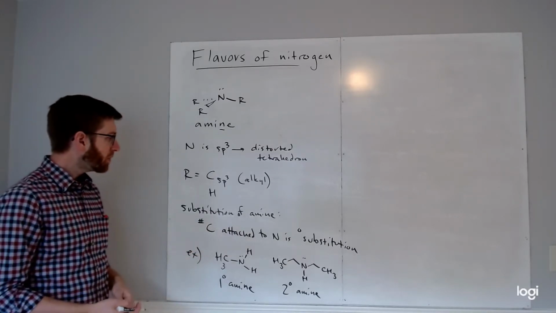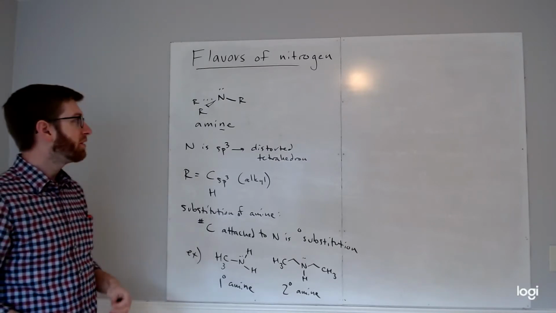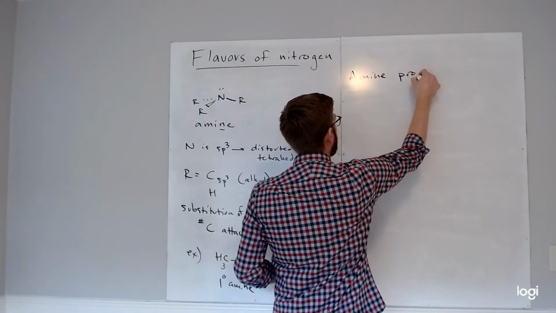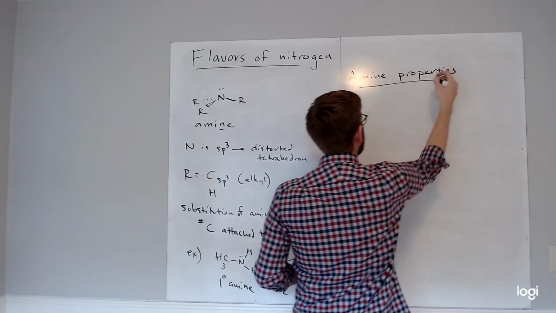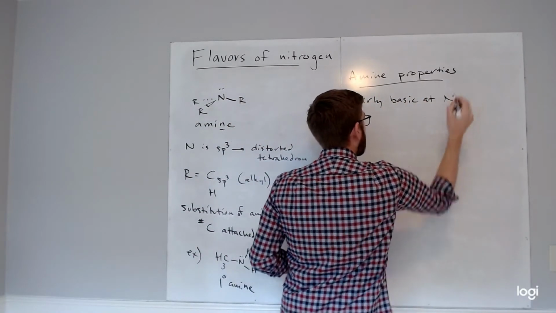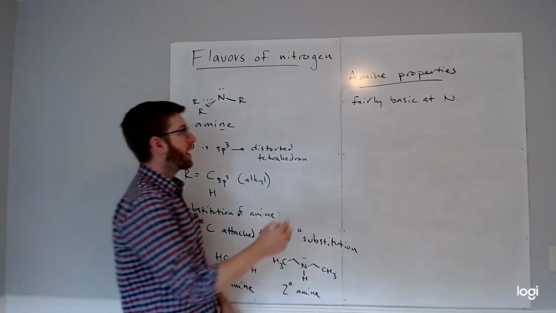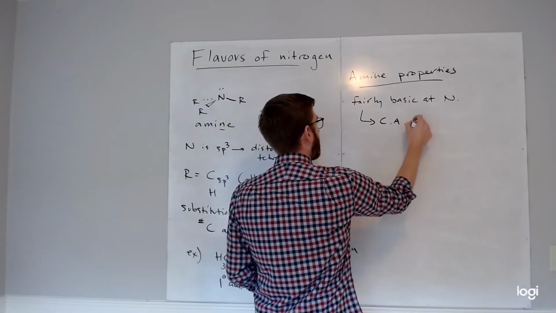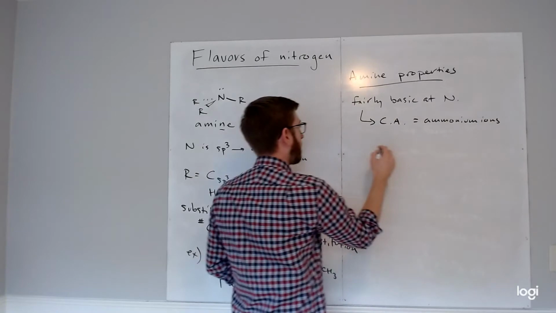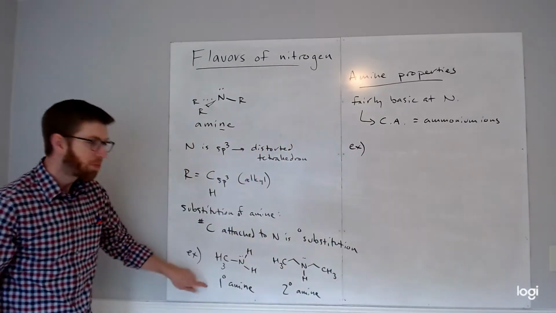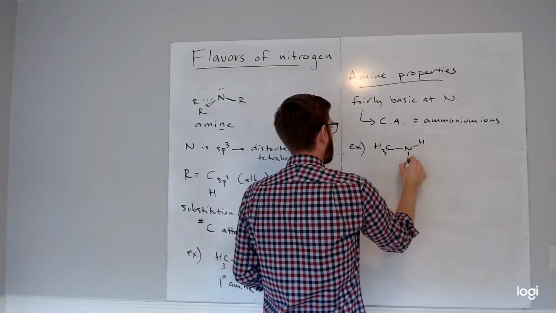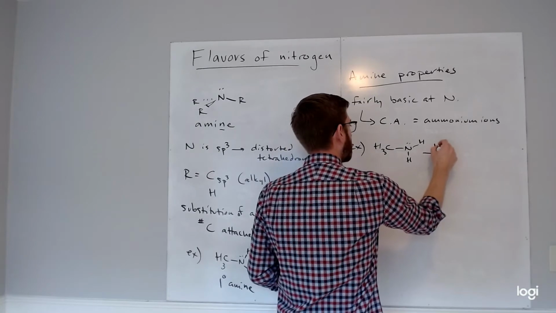Okay, so these amines, they tend to be fairly basic. We'll look at some properties. Fairly basic at nitrogen. So we know that their conjugate acids are ammonium ions. So for instance, if we took maybe our primary amine, methylamine here, and reacted this with a proton.